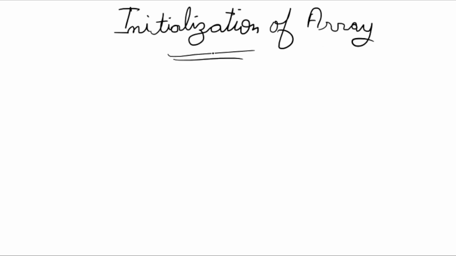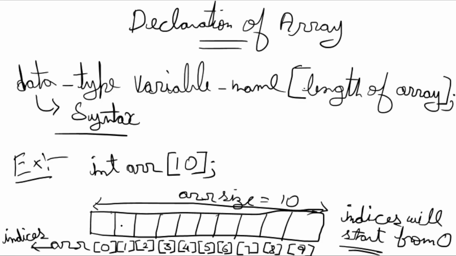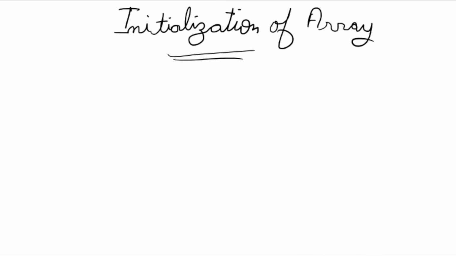Okay, so in the previous part I told you how we declare an array: at index 0 the value will be put as, say, 1, or at index 1 the value will be put as 2, or anything else you can take. So for the initialization part, when the array is declared, it is important to initialize it.